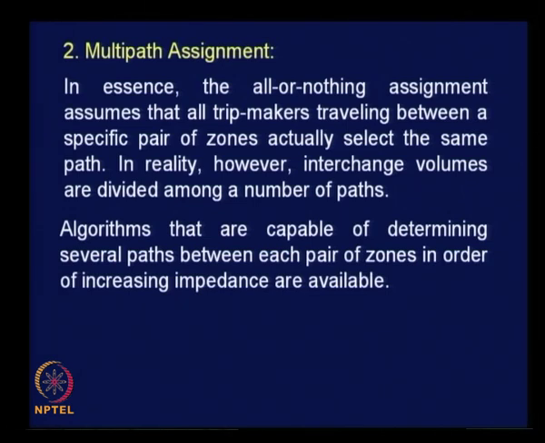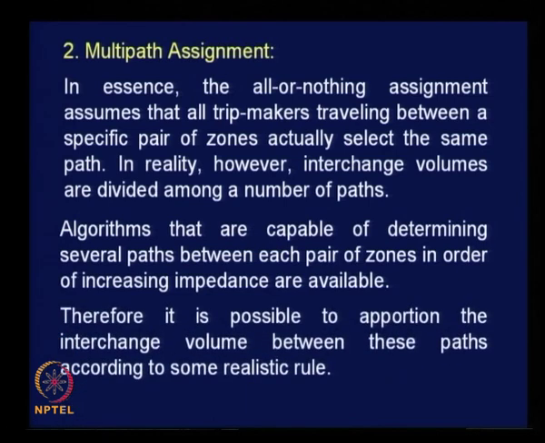Algorithms that are capable of determining several paths between each pair of zones in order of increasing impedance are available. So, we need to have some algorithm to assign traffic in some order. We cannot equally divide the traffic among the alternatives. The choice of route will depend on the travel time implication.